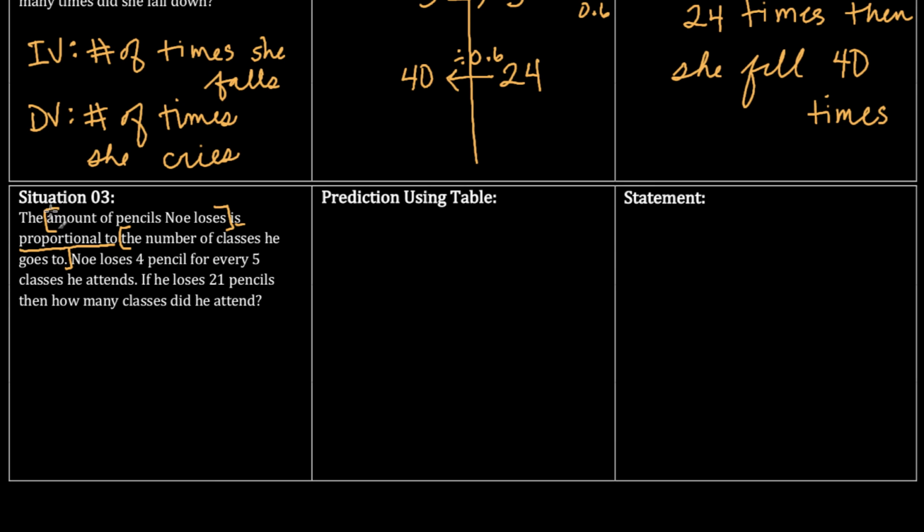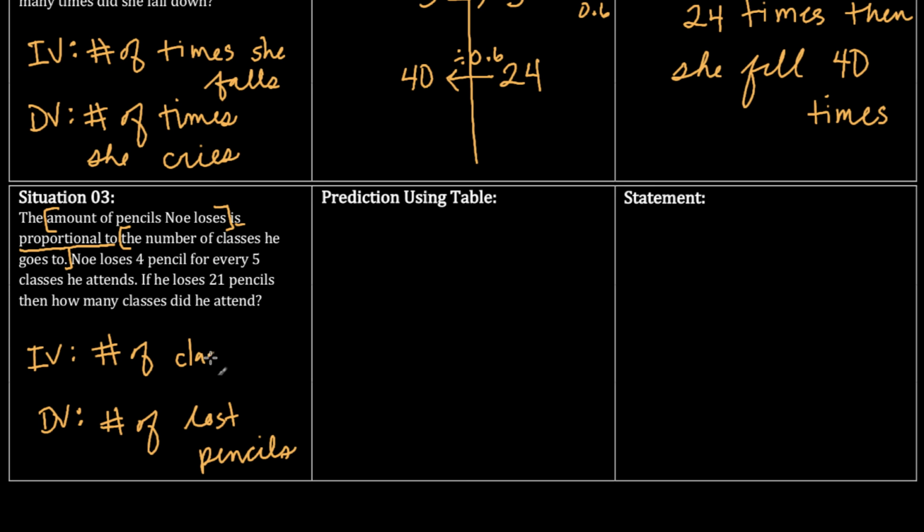So the dependent variable, the topic variable, is the number of lost pencils. And that will depend on the number of classes he goes to.